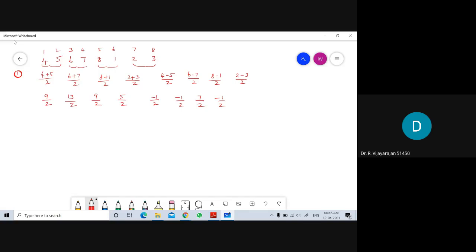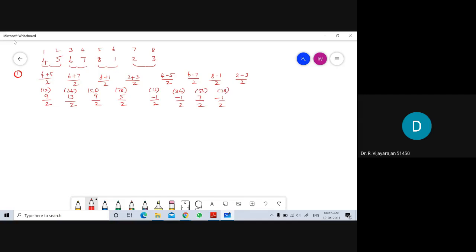Just for understanding, here you can write: this value is from 1 and 2, 3 and 4, 5 and 6, 7 and 8, again 1 and 2, 3 and 4, 5 and 6, 7 and 8.